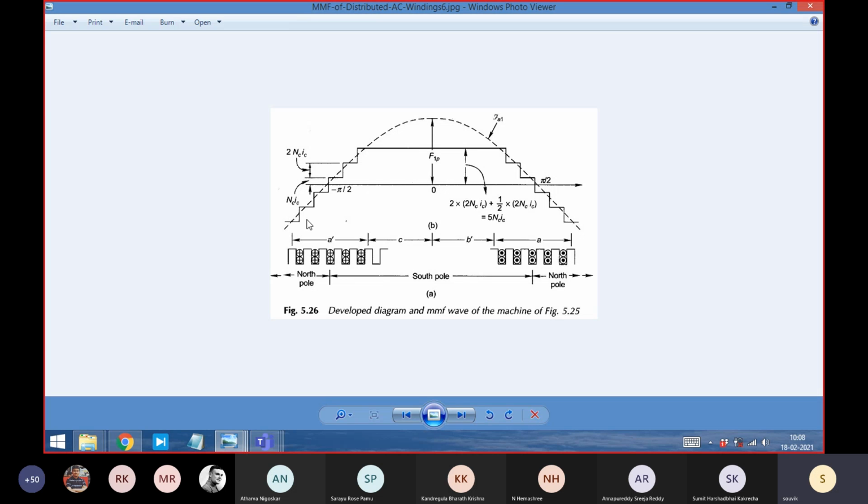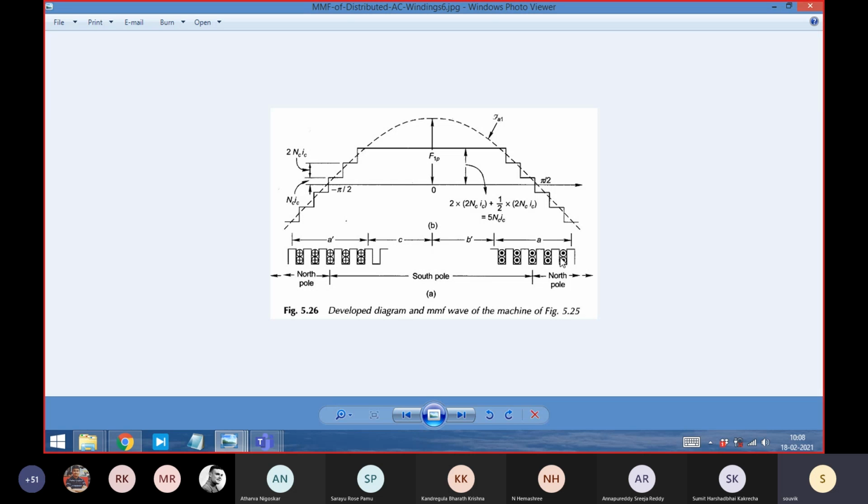So every time a current passes, there is a step. The step implies the magnitude of the MMF, and for how long it can be considered a north pole and how long a south pole. So the total MMF is essentially divided into two parts, plus Ni and minus Ni.